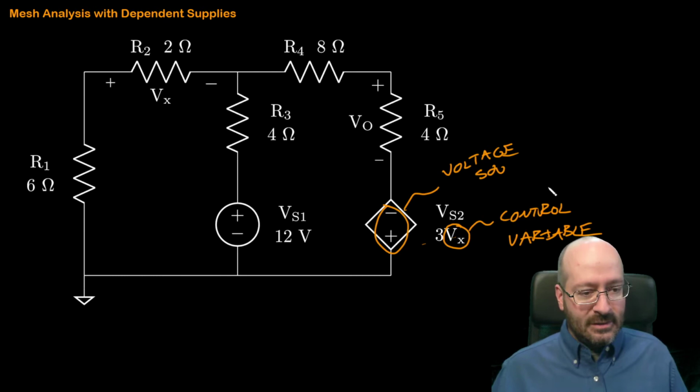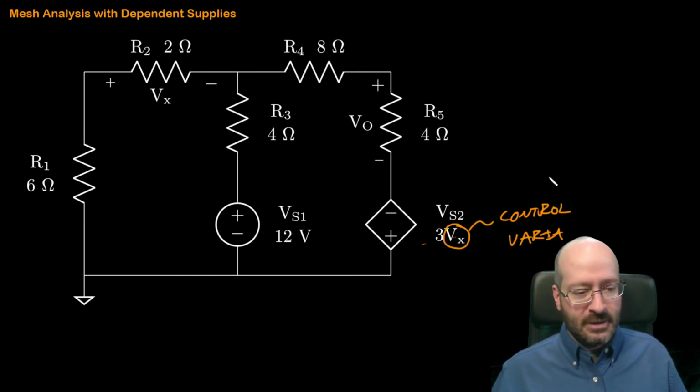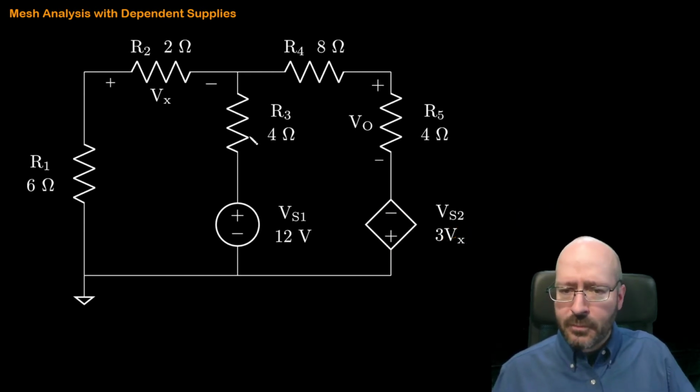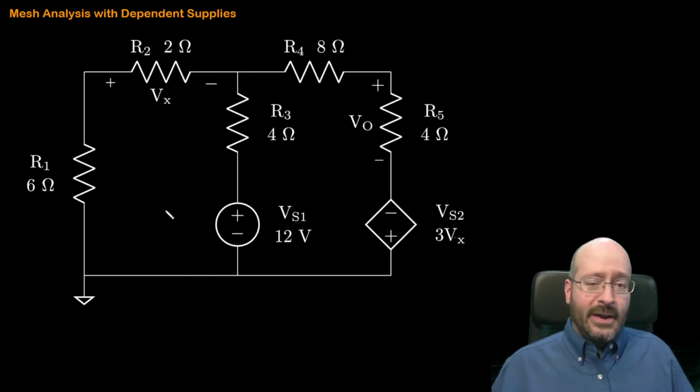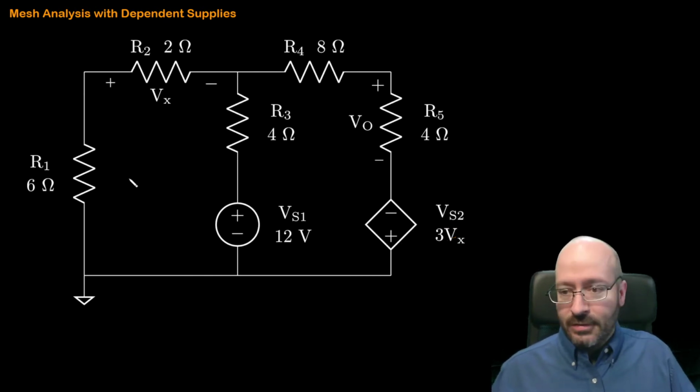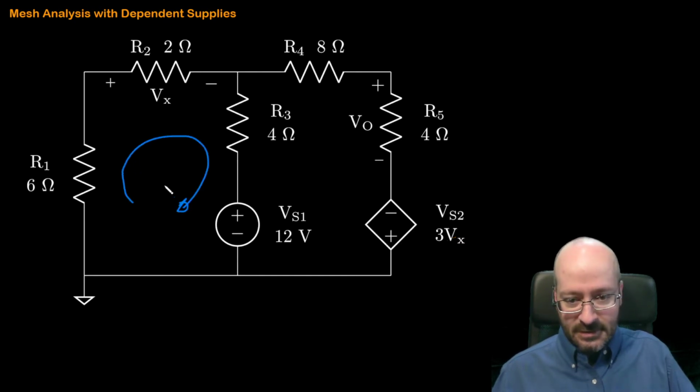Okay, let's clean all this up the old-fashioned method with Control-Z, so that I can work the problem from scratch here. Okay, so how many unknowns? And that doesn't change. We still identify our meshes.